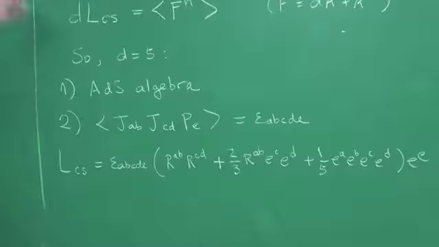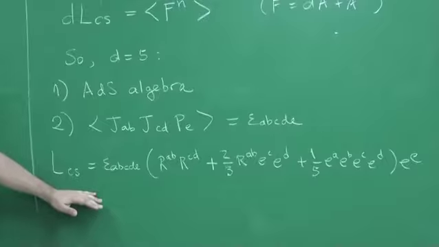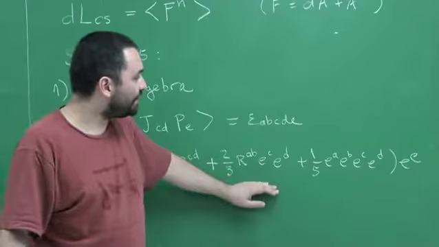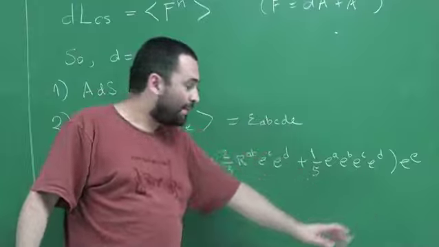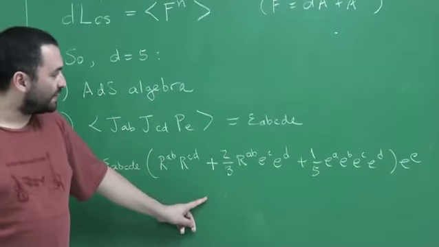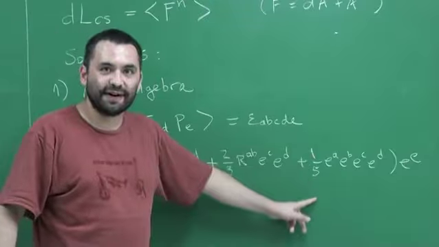So the Chern-Simons form in 5 dimensions with these ingredients gives you a Lagrangian for gravity that belongs to the Lovelock family. It has the quadratic term, the linear term, and the cosmological constant, but the coefficients are not free. This has to be 2/3, this has to be 1/5.